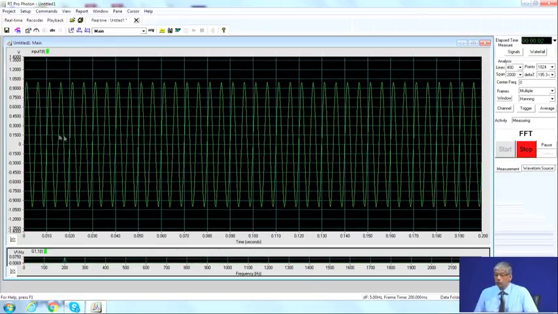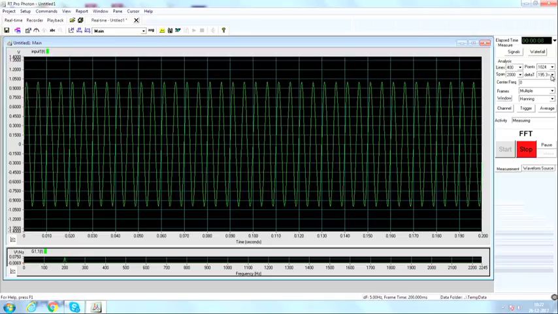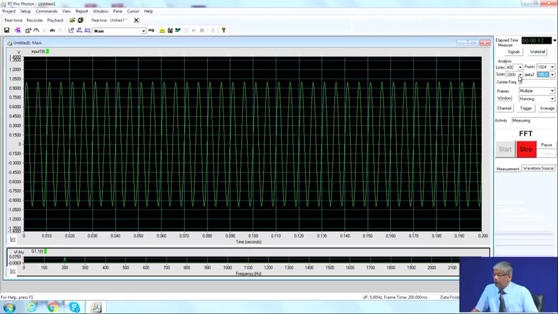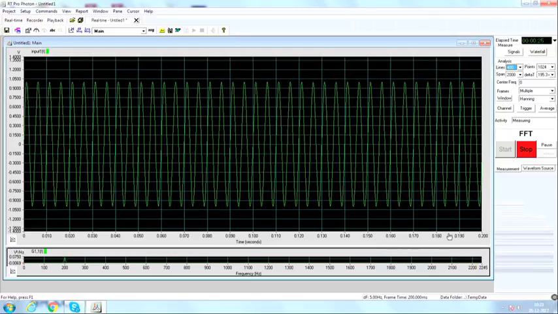So, this is a sine wave, where the delta t is 195.3 microseconds. For example, I have about 400 lines, so about 1024 points. If you see, this total time is about 0.2 seconds.